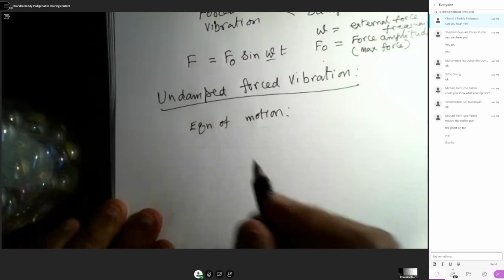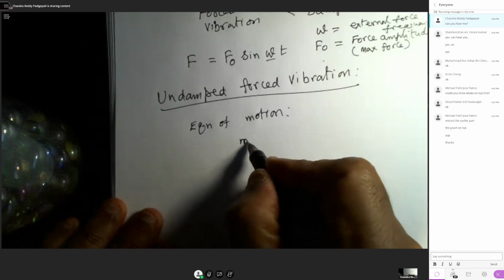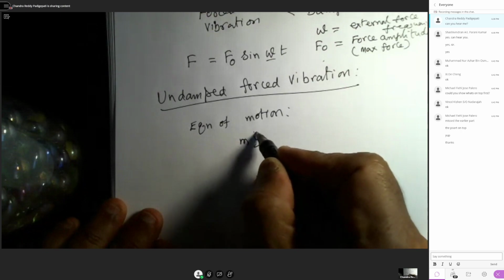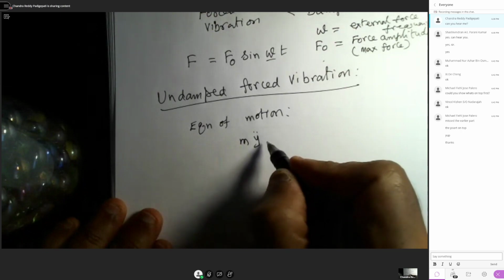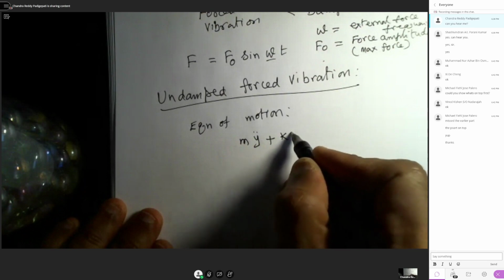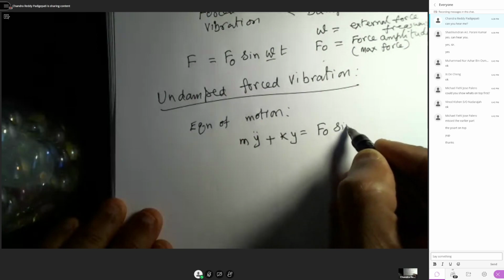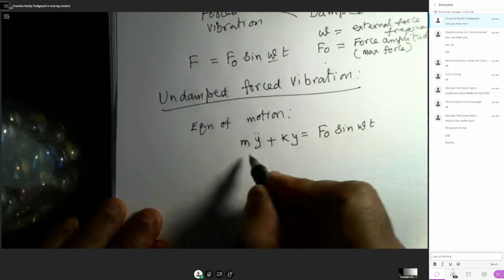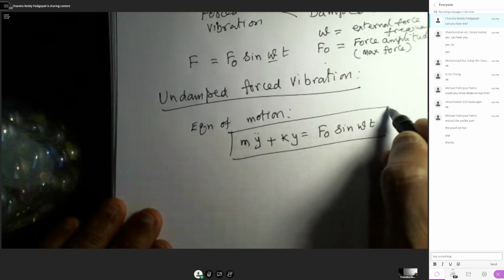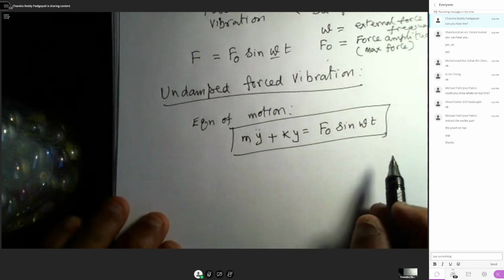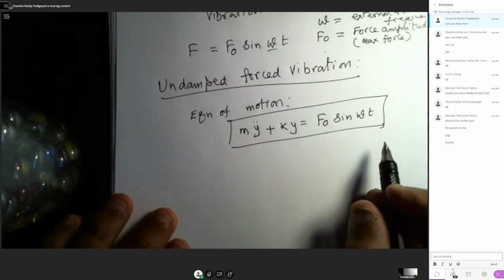For free vibration, the right-hand side is 0. Now for forced vibration, we can write m y double dot plus k y, and equate this with F naught sine omega t. Okay. So this is again a second order differential equation.